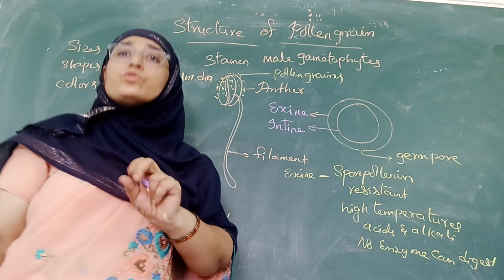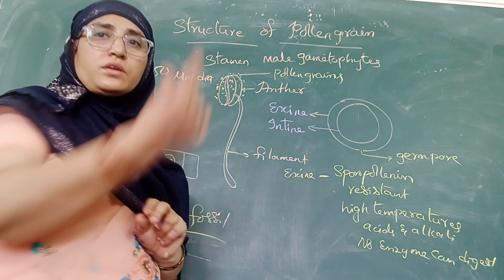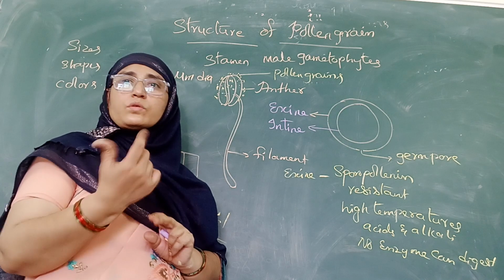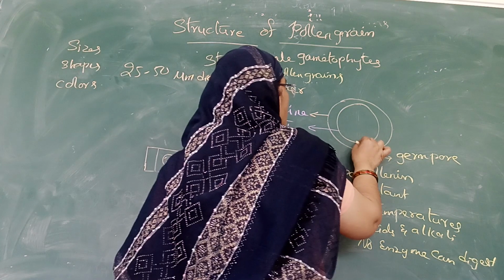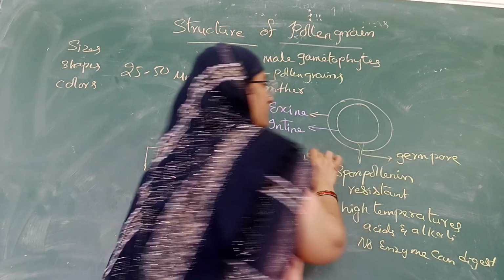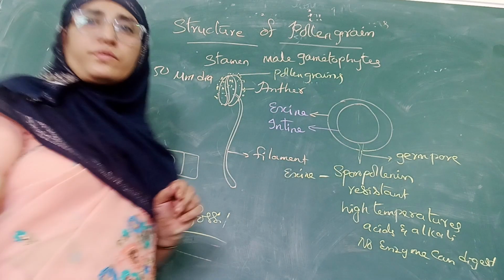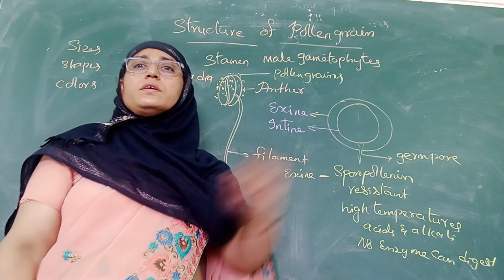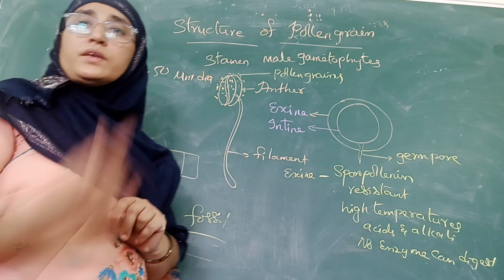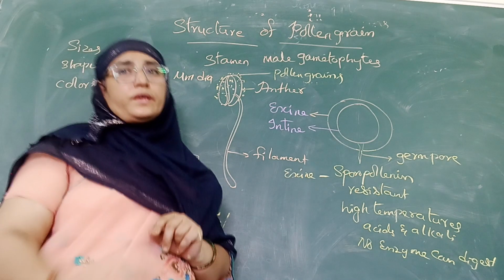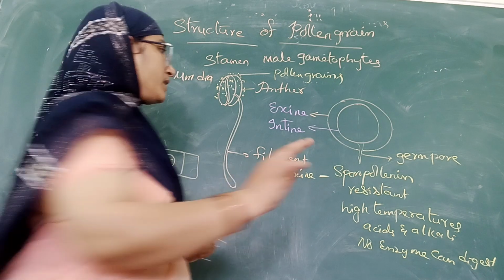During fertilization, the pollen tube has to come out, which is called germination of the pollen grain. For this, the minute aperture called the germ pore is left, through which the pollen tube comes out along with the two male nuclei. Understood? Right.